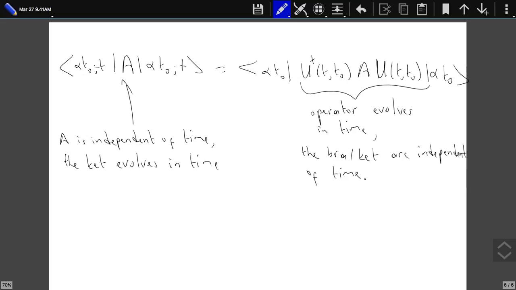And you see they are equal. So since they are equal, you can just use whichever perspective you like, or whichever picture you like. These are what we call the different pictures. They are describing the same thing. The left-hand side is what we call the Schrödinger picture. The right-hand side is called the Heisenberg picture.